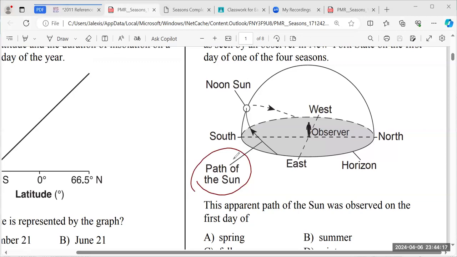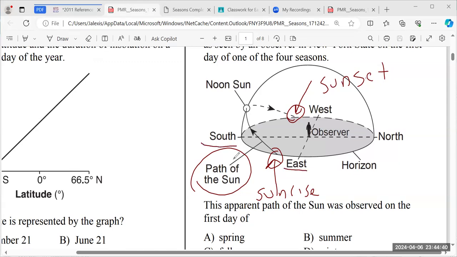And more importantly, we have to look at where the sun rises, right? The sun rises right here, and where the sun sets. The sun is setting right here, right? Now I see that the sun rises between south and east, right?